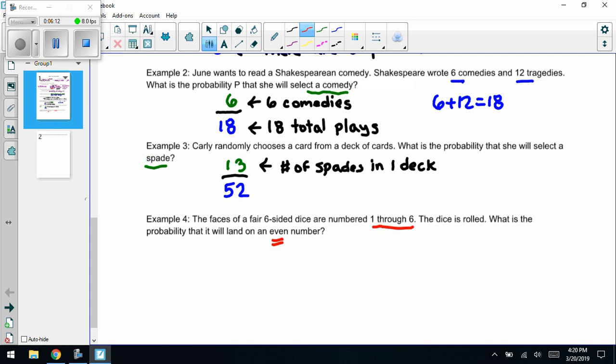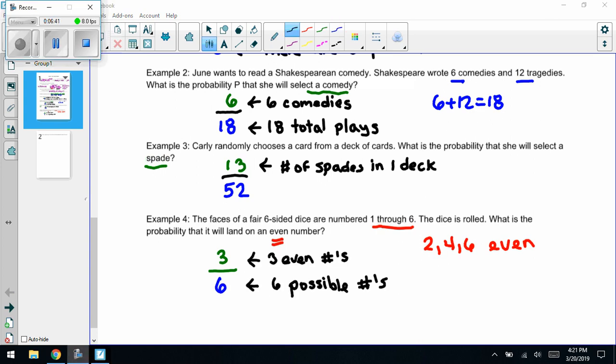So I'm just going to list all the even numbers out between 1 and 6. 2, 4, and 6 are even. Since there are 3 possible numbers, 3 will go on top. And the bottom is the total number. Again, since it's a dice, there's 1 through 6. That would be a total of 6 possibilities.